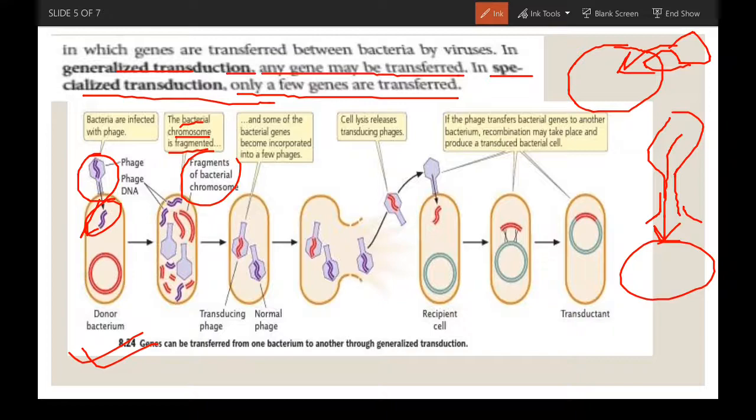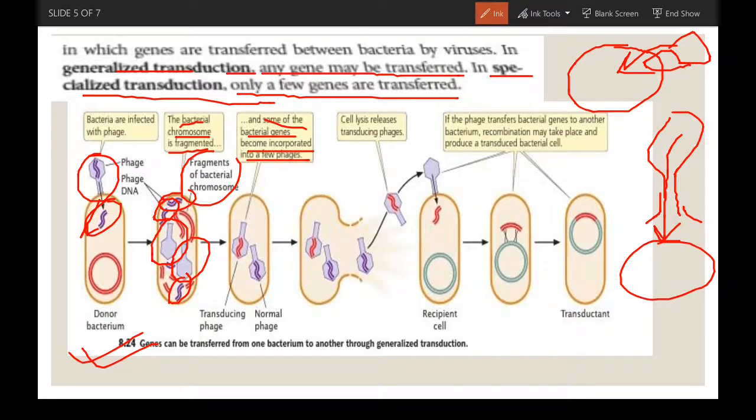Now what happens? The phage protein molecules and the phage DNA are being produced, and some of the bacterial genes become incorporated into a few phages.